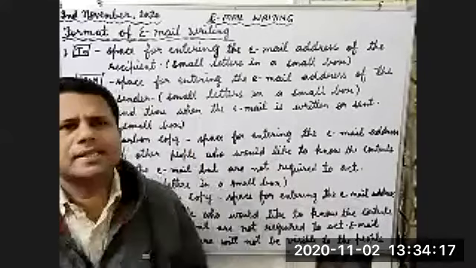It is also in a small box. When you open an email, you will see there is a long rectangular box where you have to fill in the things. First point, fill the email address of the receiver, then the email address of the sender, then date and time when the email is written or sent.